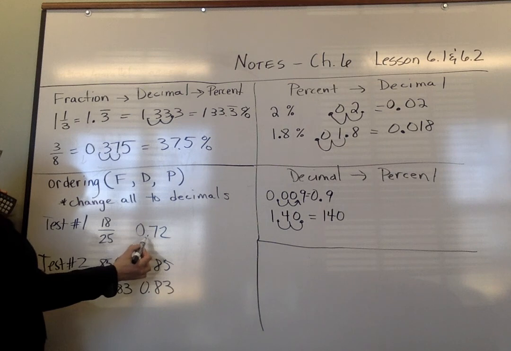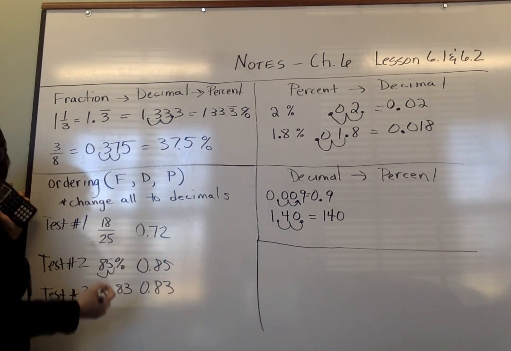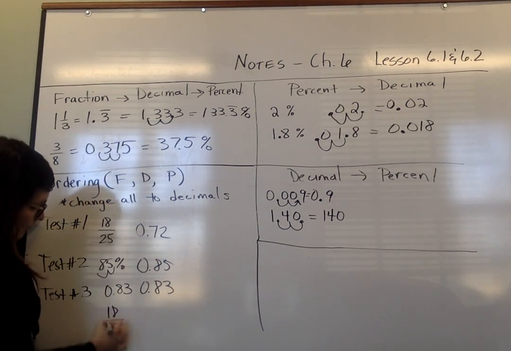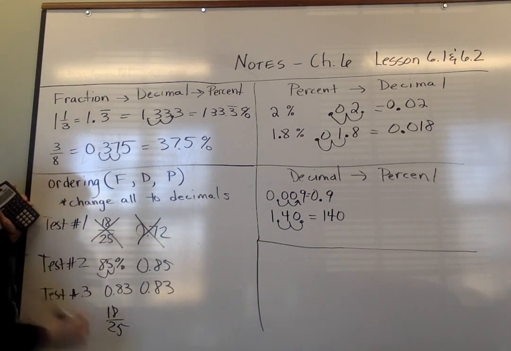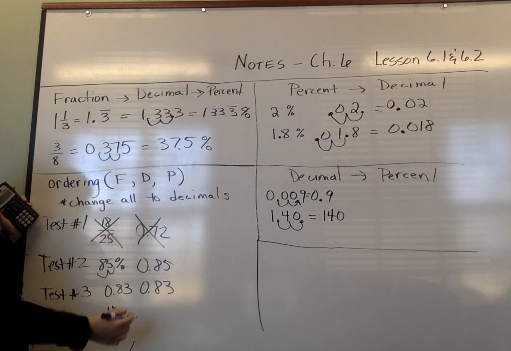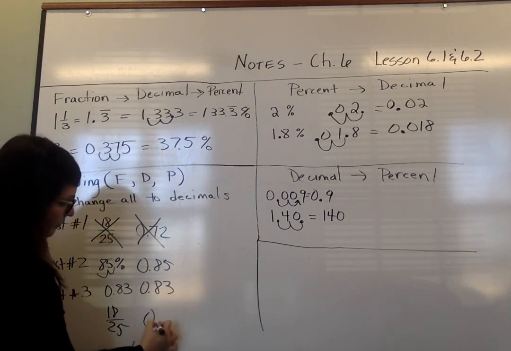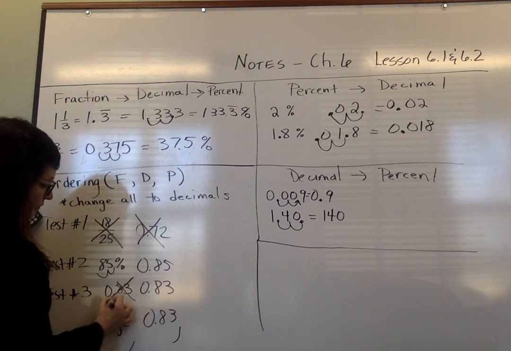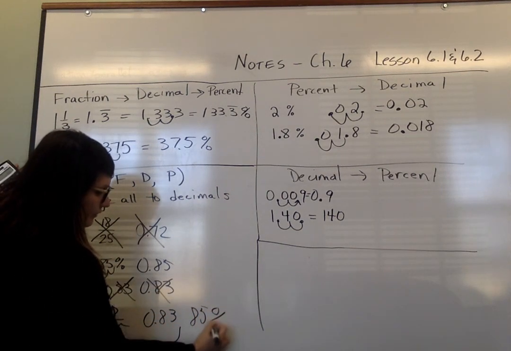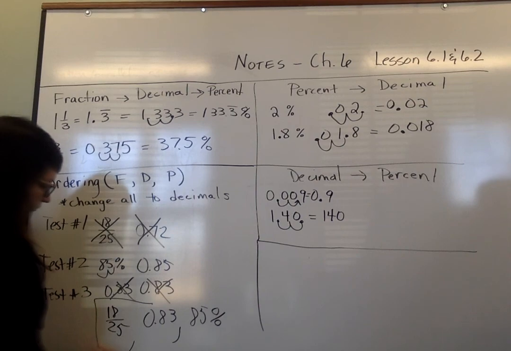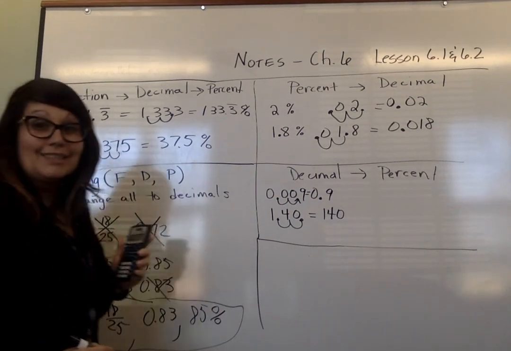The lowest score was 0.72, but I have to write it back in my original form. And I like to check off after I do it. Then 0.83, and the original 0.83. And then last is this 85%. That's all, folks.